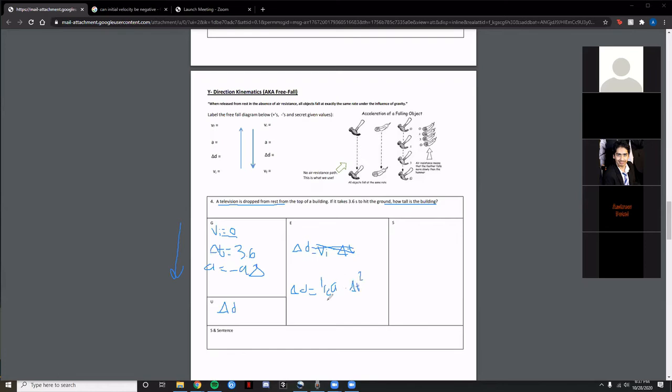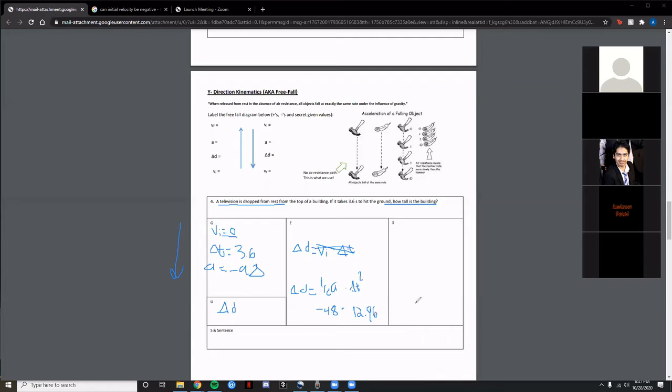And we're going to write that down. 1/2 of A is going to be negative 4.8 times delta T squared. Now all we have to do is do 3.6 squared in our calculators. And that is 12.96.